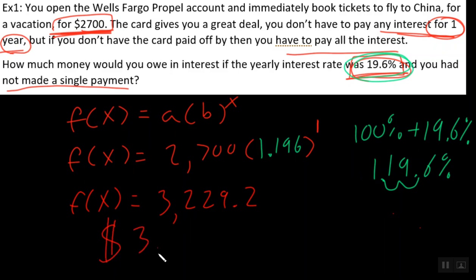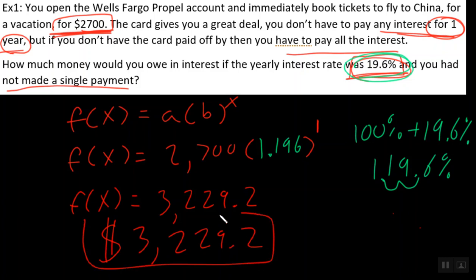Now, I want y'all to really think about this. The real question you always have to be asking yourself is, what was the cost of the interest? If the original cost was $2,700 and you wound up paying $3,229.20, then you paid an amount of interest.